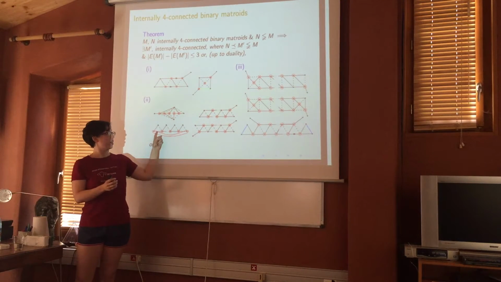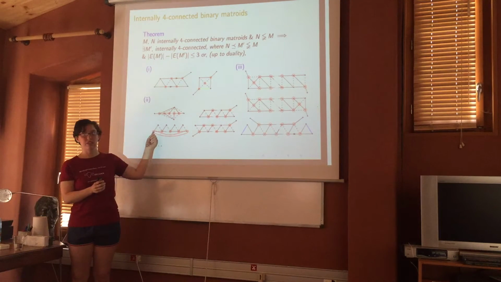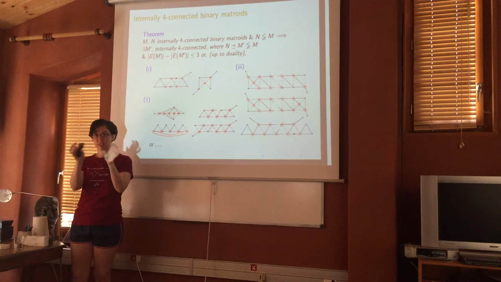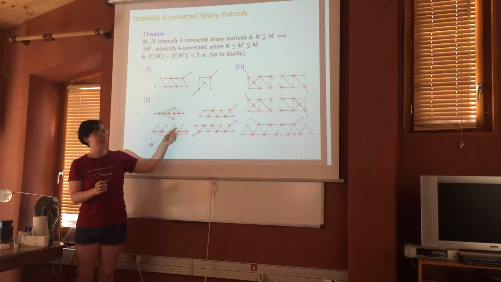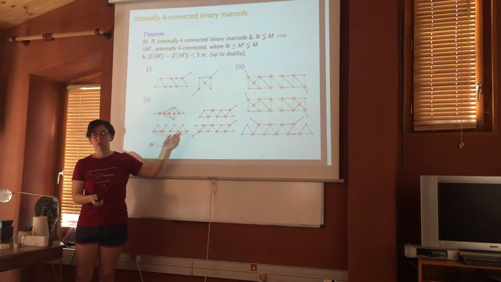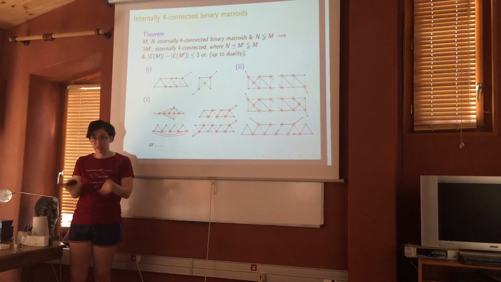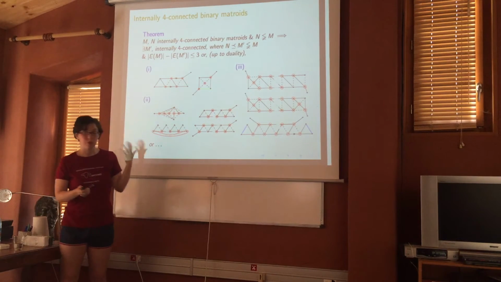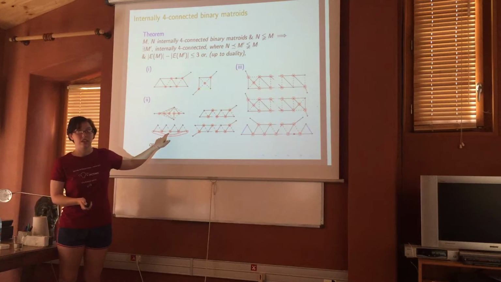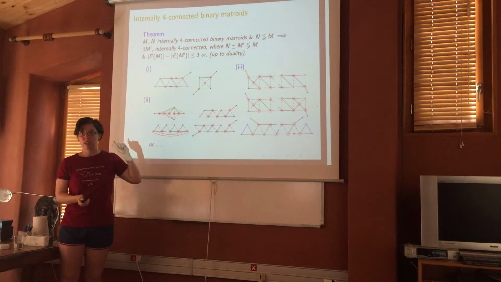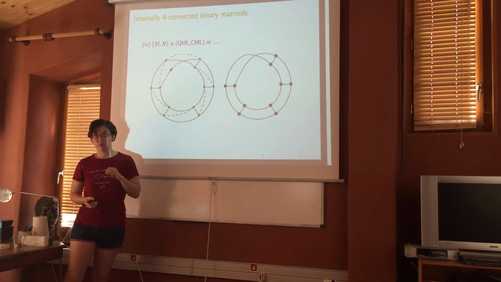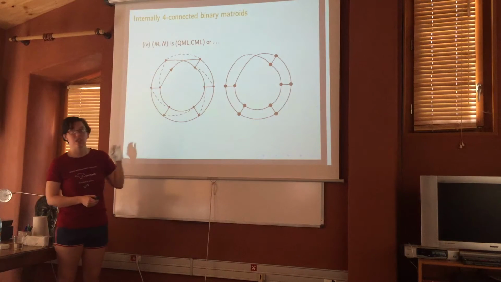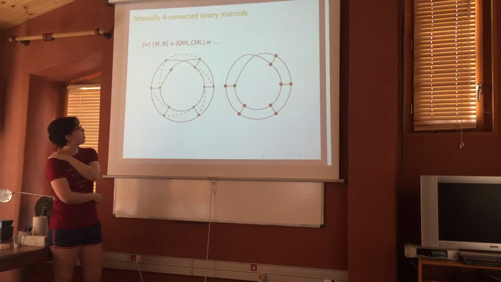You can imagine this bottom set of edges just being the inside cycle of your quartic planar ladder, and then the deletion from each of these triangles will give you a cubic planar ladder, which is internally fork-connected. So this deals with the quartic planar ladder case, but we haven't dealt with the quartic Mobius ladder case. That genuinely is an exception to any of the things we've talked about so far.